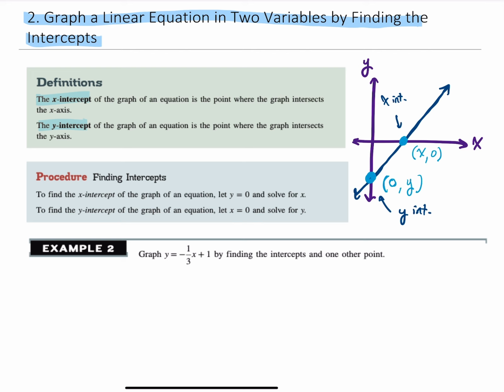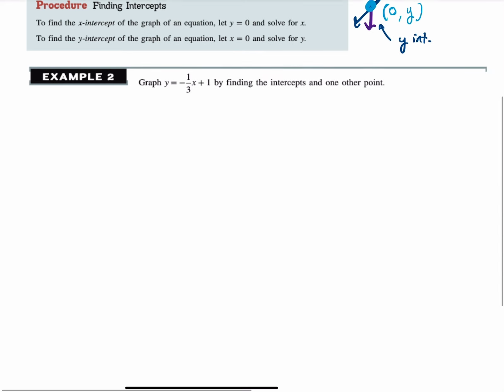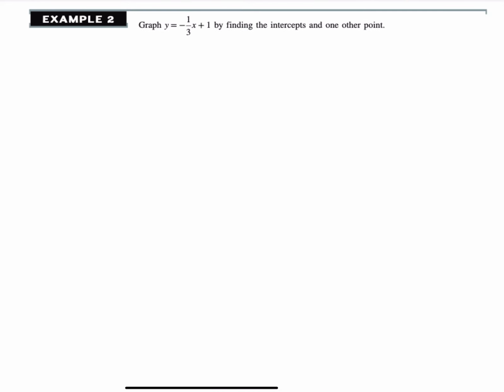So let's look at this example and I'll show you what I mean. So our equation is y equals negative 1/3 x plus 1. It says to graph by finding intercepts and another point. So here's our method.